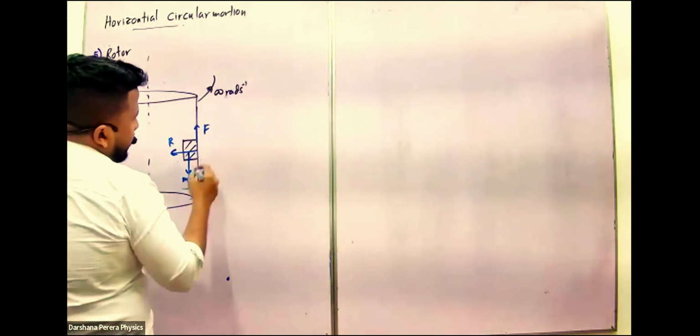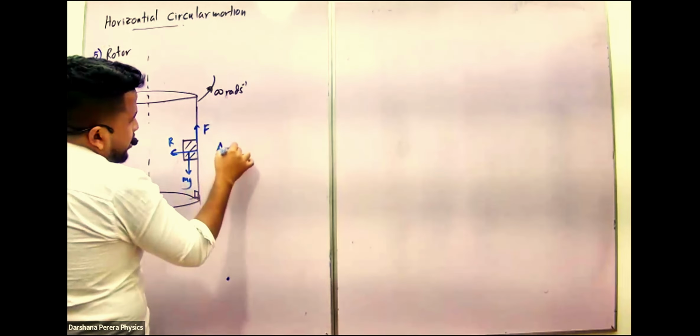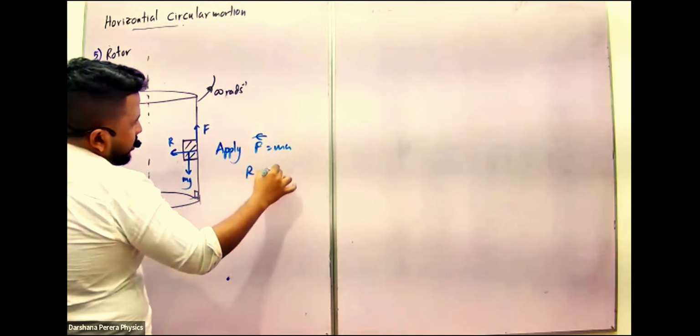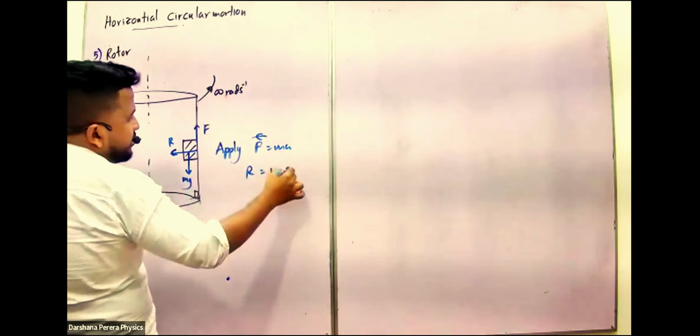In this case also we can apply F equals ma. So R equals m omega square r. Draw the diagram and write down that one.